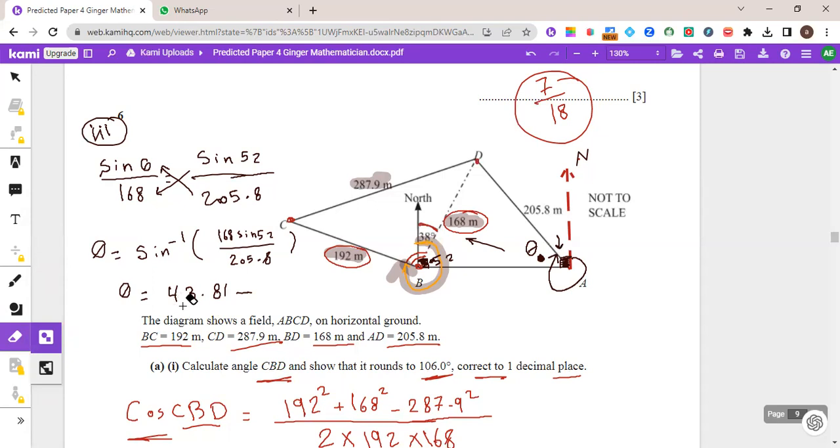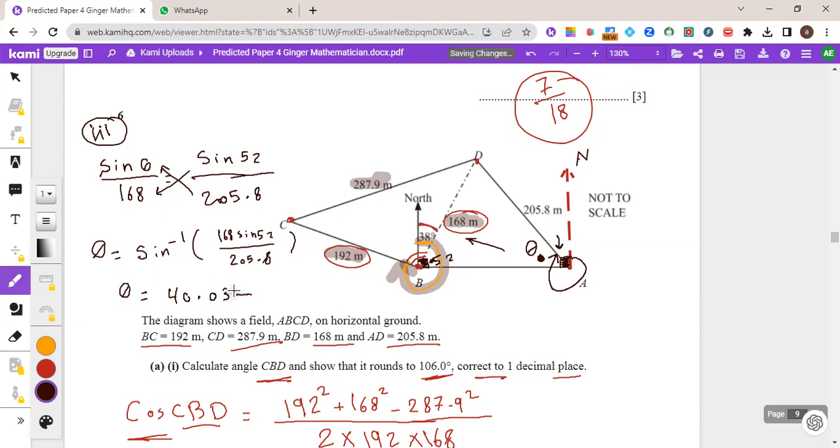I got 42. Sine 52, shift sine inverse, answer 40.036. This is theta.